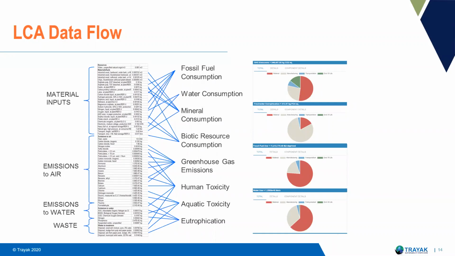So for all the material flows and all the manufacturings, there's a lot of what we call life cycle inventory. That is the inputs and outputs that go into every step of the material manufacturing. And so that inventory data is what is collected from various places.